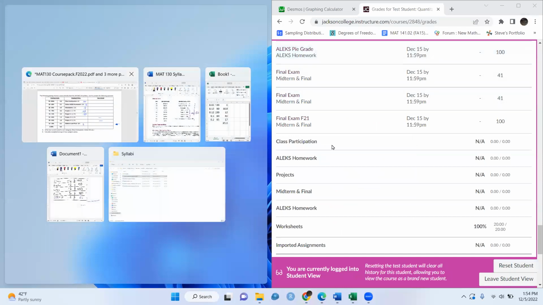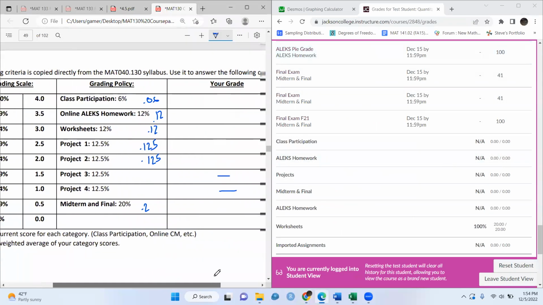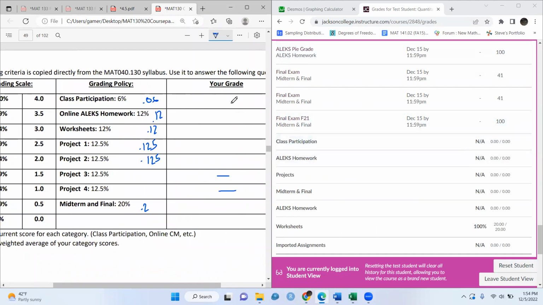It's not helpful because I don't have any grades in mine. They're all non-existent. But you would take whatever this grade is for class participation and put it here. Your Alex grades you don't have, so you're going to leave that blank. If you want to type it in, you could do however many objectives you have divided by 165.